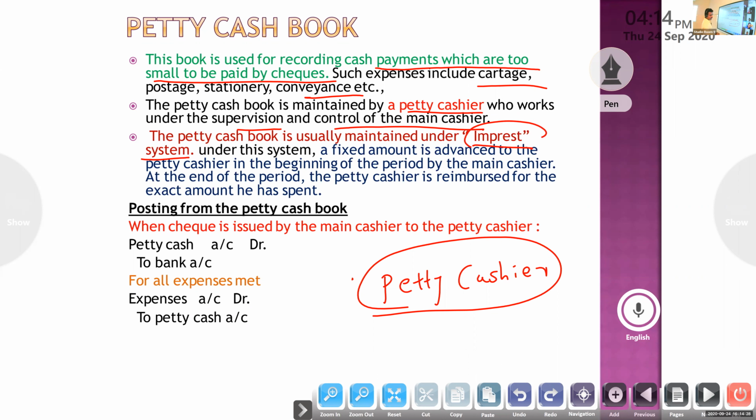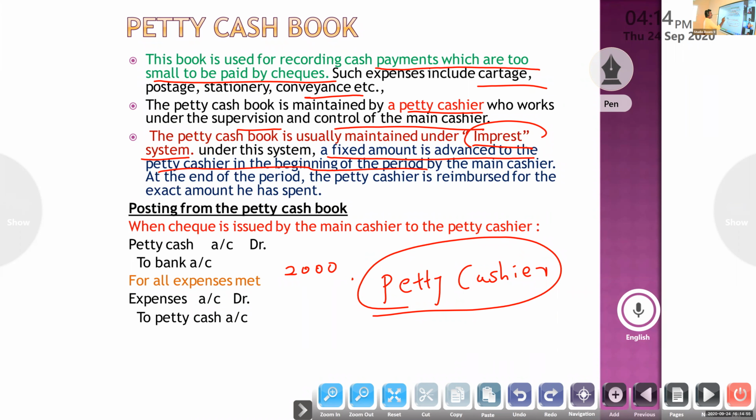So what do you mean by imprest system? Under this system, a fixed amount is advanced to the petty cashier in the beginning of the period, sometimes monthly, sometimes weekly, by the main cashier. Suppose the main cashier gives 2,000 rupees to the petty cashier in the beginning of each month.